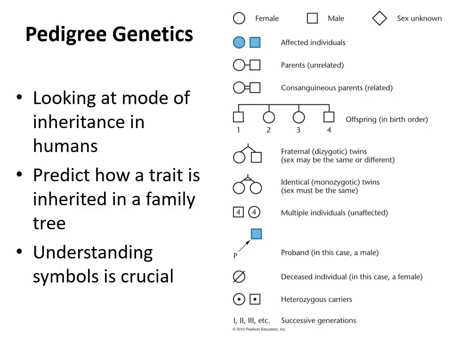The last topic that I want to introduce briefly is the use of pedigree charts or pedigree genetics to predict and to better analyze genetic inheritance. It basically looks at inheritance in humans to predict how a trait is inherited or carried down throughout generations.